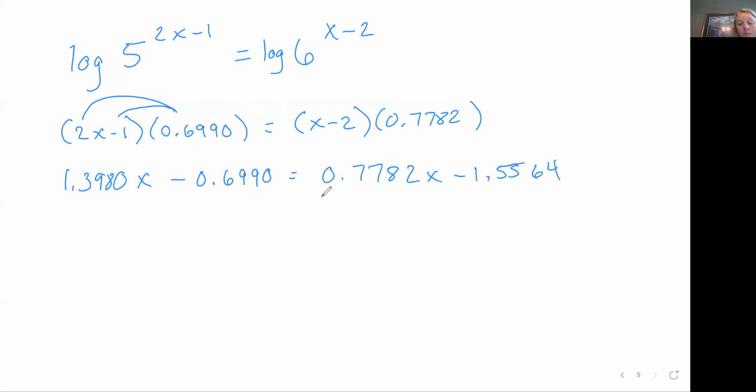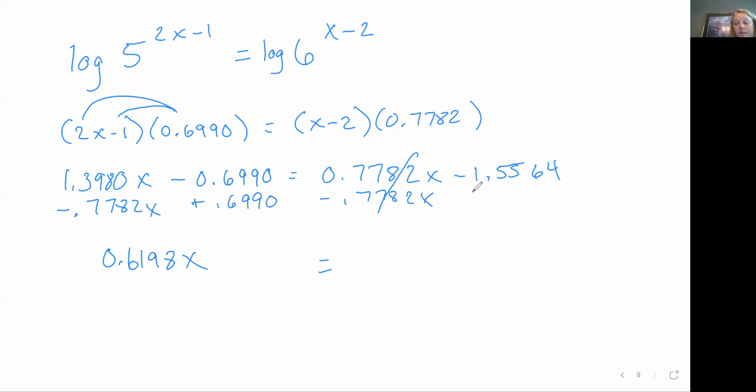Okay, then we want to move our x's to one side. 0.6198x, and then we'll add the 0.6990.